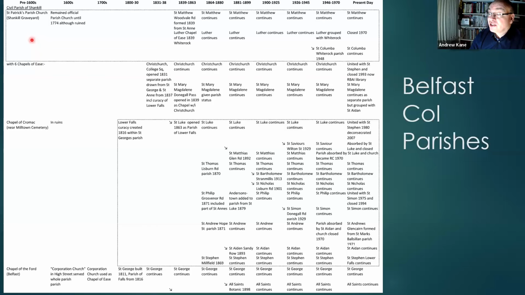Several of the city centre parishes as well moved their parochial district from a small area of city centre, which used to be densely populated, to the suburbs or to further away from the city centre. And that one goes back to the 1600s.